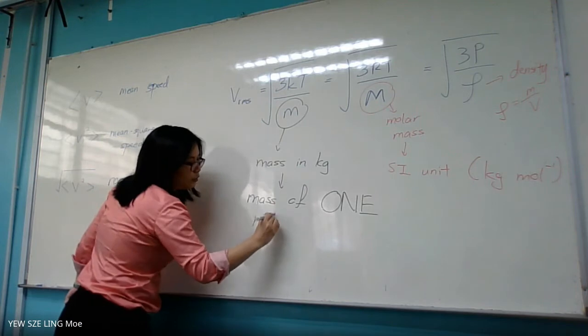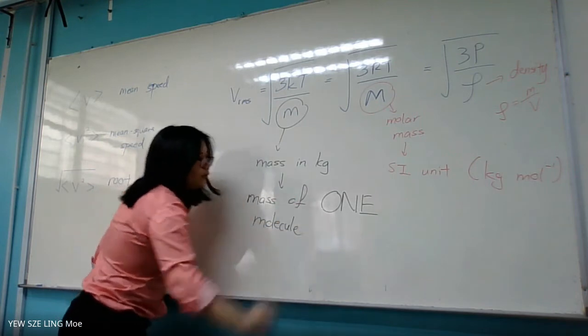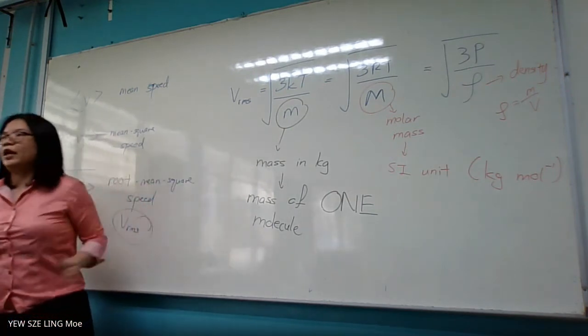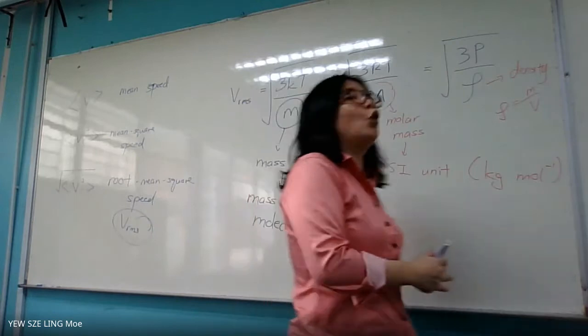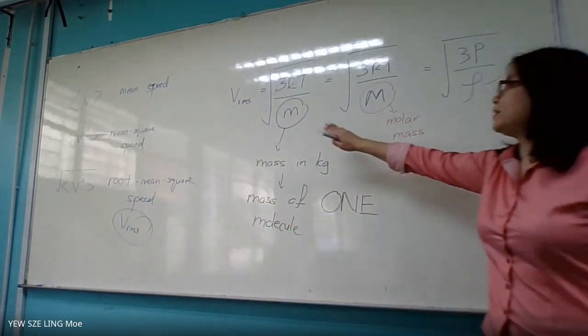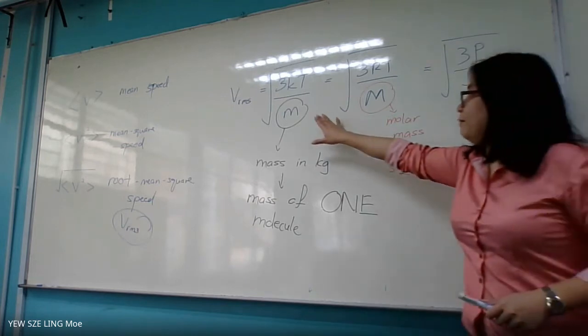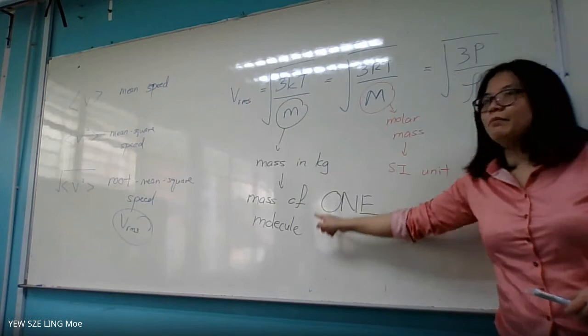So you need to find out the mass of one molecule first before you apply these equations. You cannot simply put in the total mass. If you use total mass in these equations, you wouldn't be able to obtain the value needed. So it should be the mass of just one molecule.